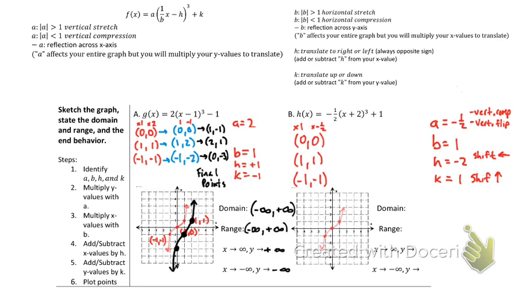Okay. So let's do that. I'll put the result in blue. Okay, so now we have these new points after A and B. Now we're going to apply H and K. H adds and subtracts to the x's. K adds and subtracts to the y's.